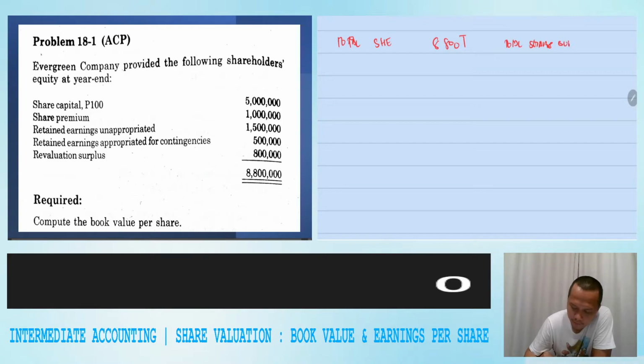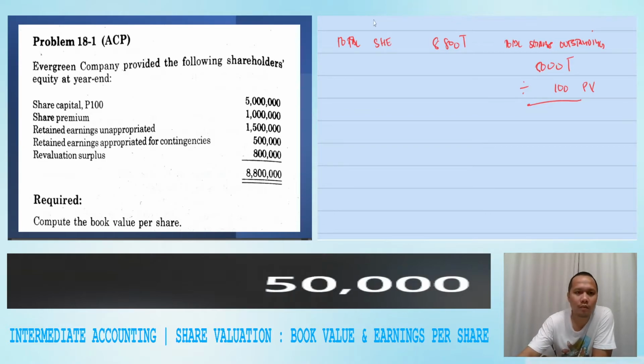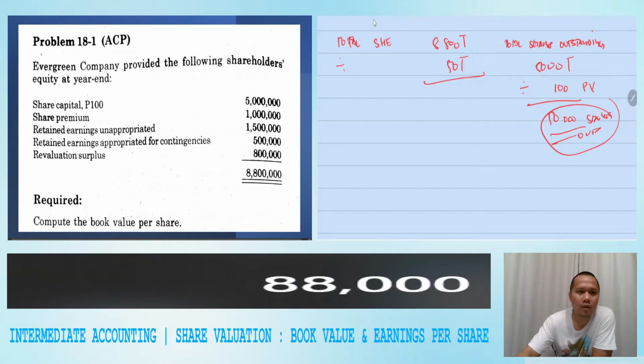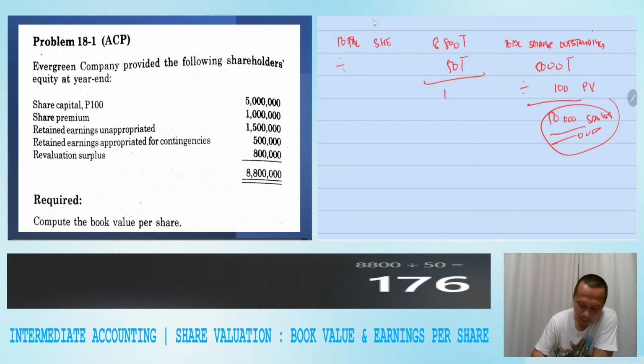Di ba? So in this particular example, our total stockholders equity here, obviously that is 8,800,000. Di ba? And our shares outstanding, yun nga, medyo madali lang din, walang ibang transaction. The 5 million total par divided by the par value. So 5 million divided by 100. So we have 50,000 shares outstanding. So total SHE divided by 50,000, we have 176 book value per share.